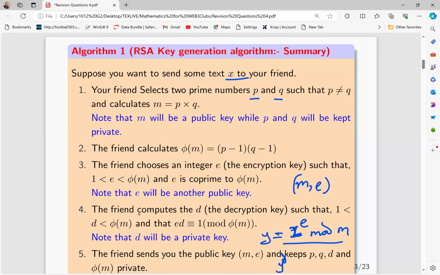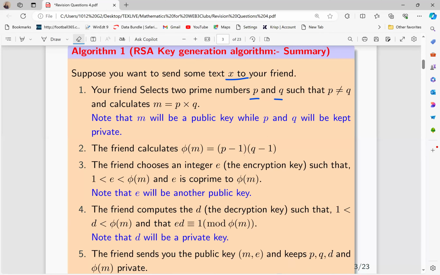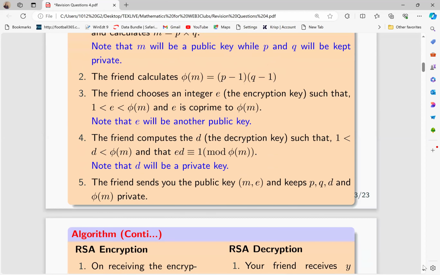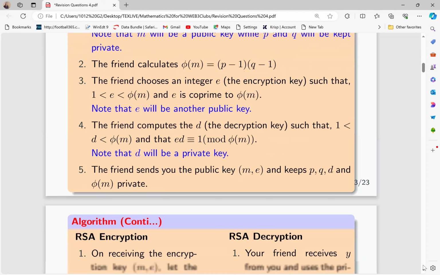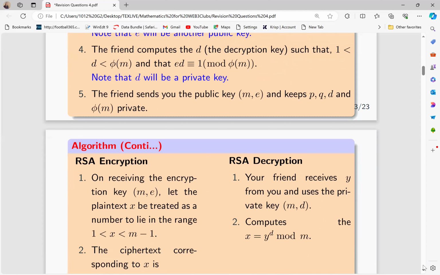Then mod M. This retrieves X. That's how it retrieves X out of the ciphertext. Which you also call the decrypting key. So he's the only one who knows it, the recipient of the message.